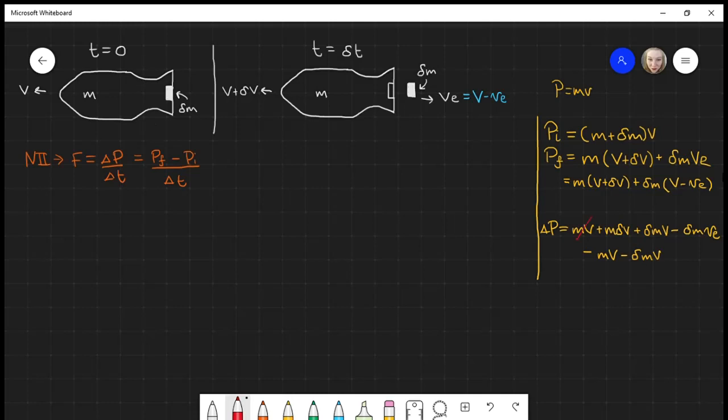So we can cancel certain things. So these cancel and these two cancel. That means we're left with m delta v minus delta m exhaust velocity.